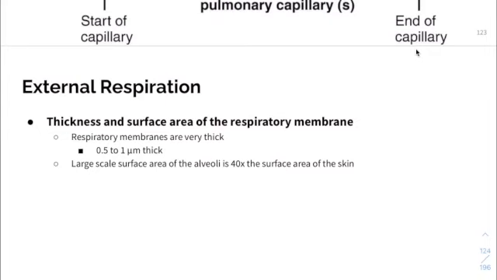How well it's going to exchange, the rate at which it's going to exchange, depends on what kinds of tissues it has to go through. Sometimes it's very thick. Sometimes it's not.